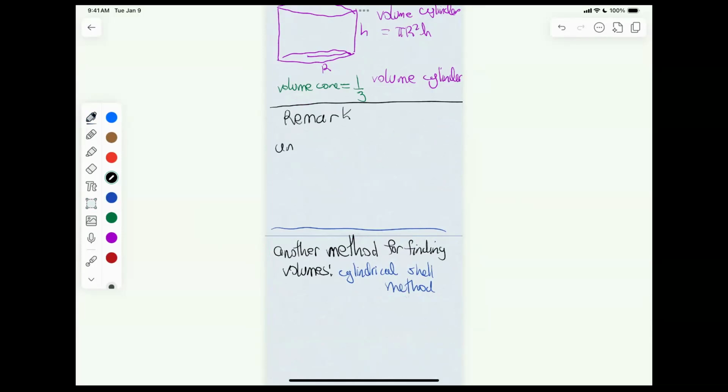Whenever you have an integral, the units of the integral are the units of the function f times the units of x, which most of the time we think of as a length.